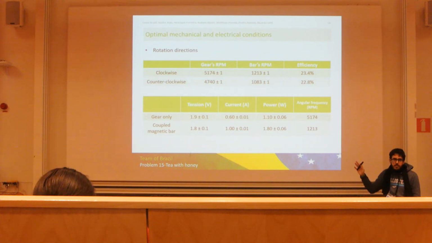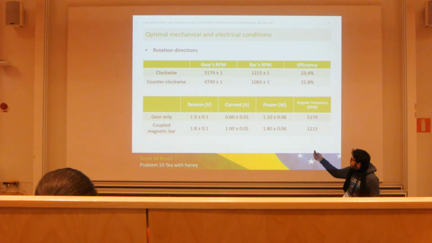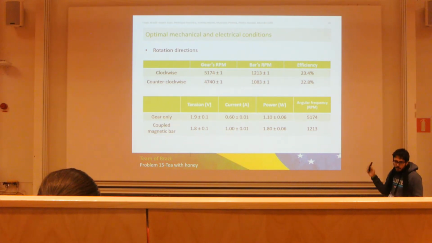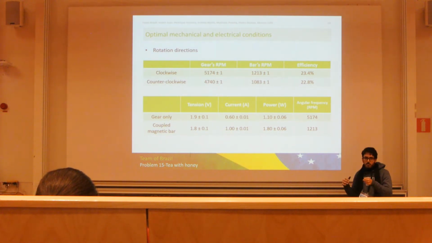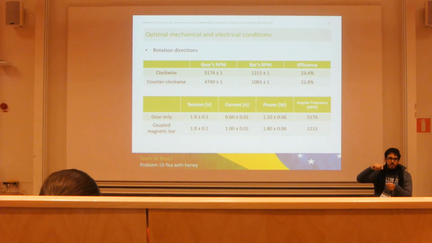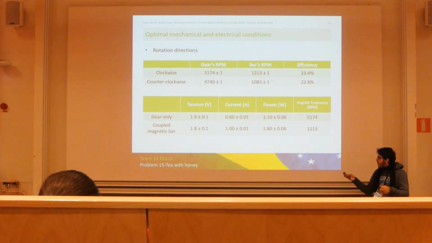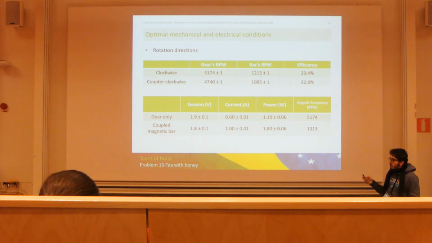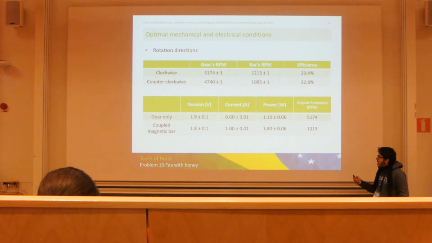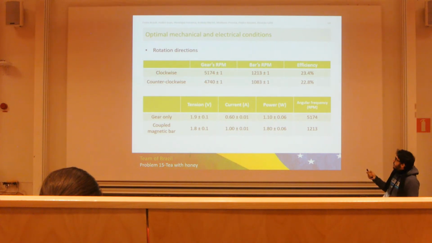You can see that the efficiency is almost the same. And we also considered the magnetic properties, whenever we didn't have contact with the magnetic bar inside and without it. And we can see that the RPM is completely affected by the addition of this new bar.